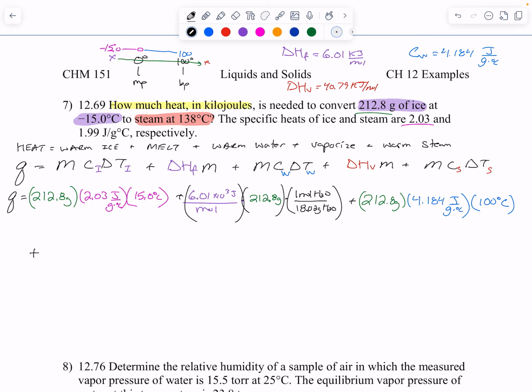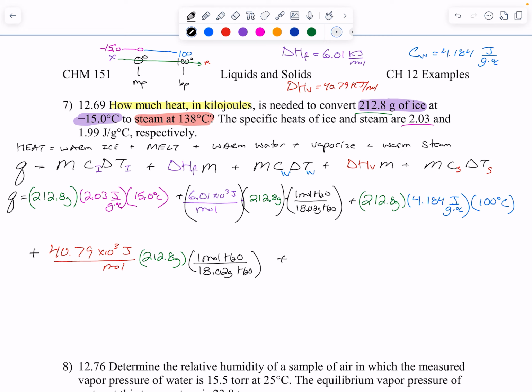Continuing on, delta H V, 40.79. Let's make that times 10 to the third joules per mole. And then we still have the 212.8 grams, and we're going to have to use 1 mole of H2O is 18.02 grams of H2O again.